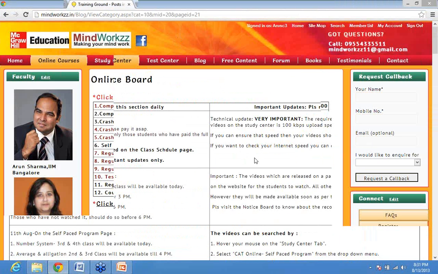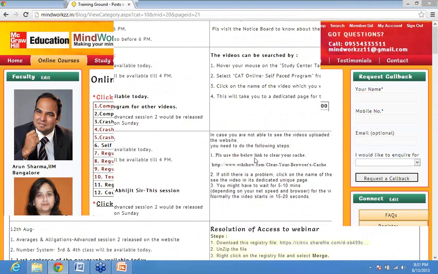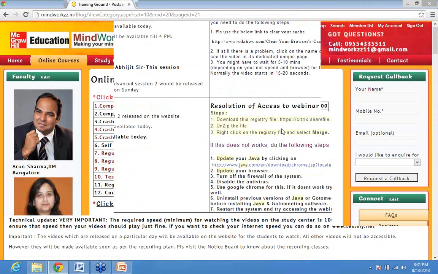If you see the right column, the last cell will have resolution of access to webinar. So in case you are facing a problem with the webinar, you have to download this registry file, unzip the file and merge.